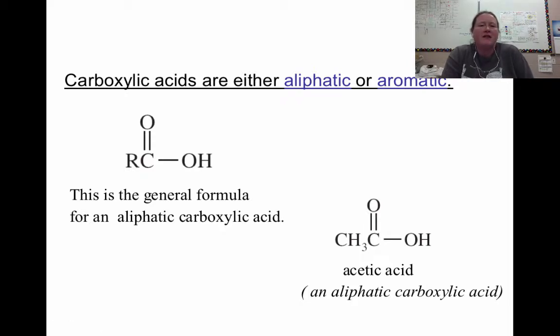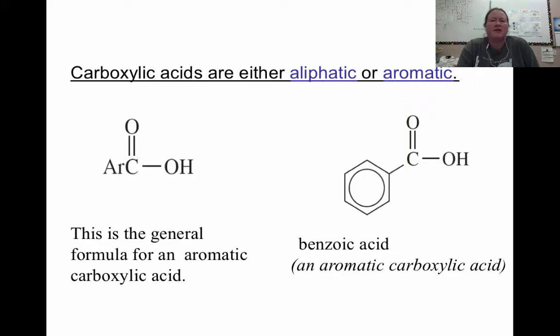An aromatic carboxylic acid is where the carboxylic group is attached to a benzene. So on the next slide you'll see carboxylic acids that are aromatic. This is the most basic aromatic carboxylic acid compound in which the carboxylate group is attached to a benzene.